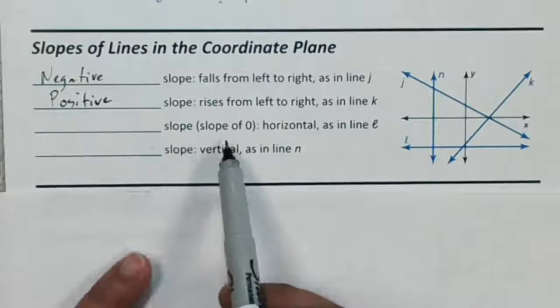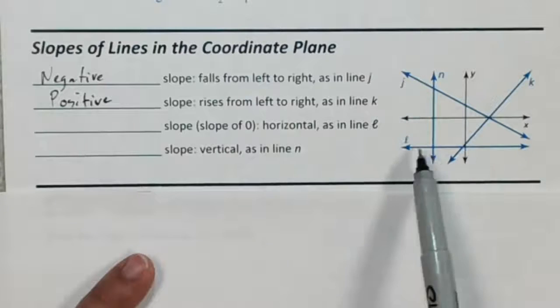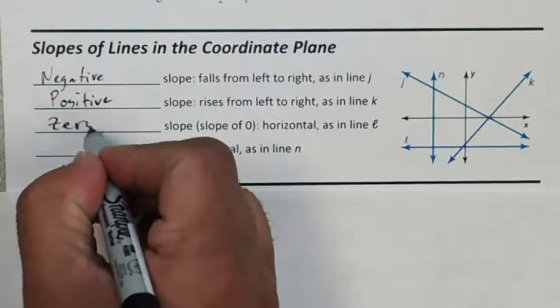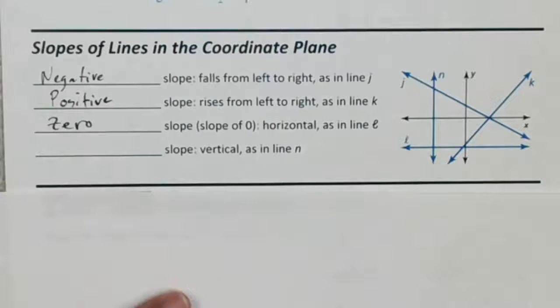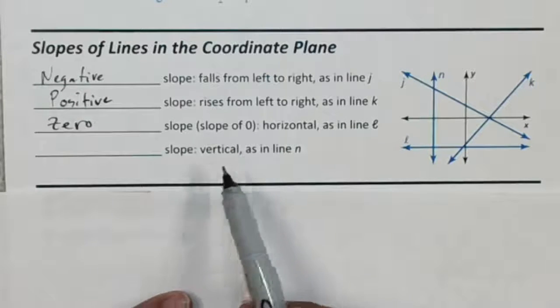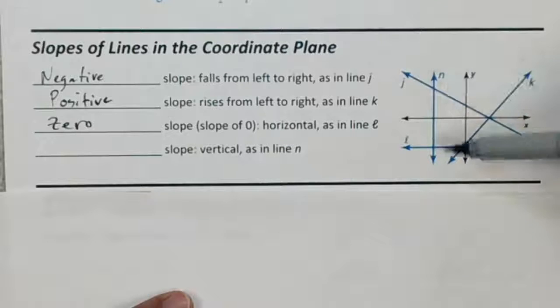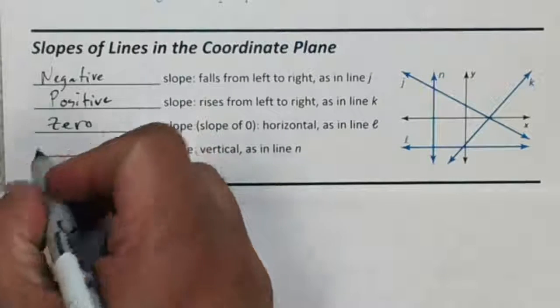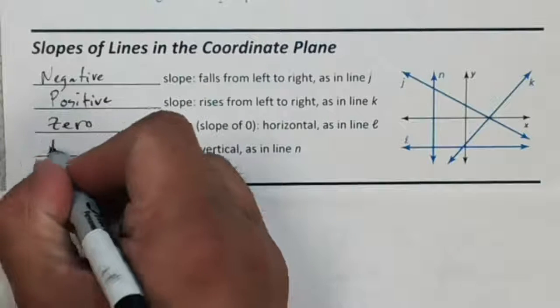And if the slope is 0, it's a horizontal line like this line L right here. That's what we refer to as a 0 slope in Algebra 1. And if the line is vertical, going straight up and down, like line N right here, that's going to be an undefined slope.